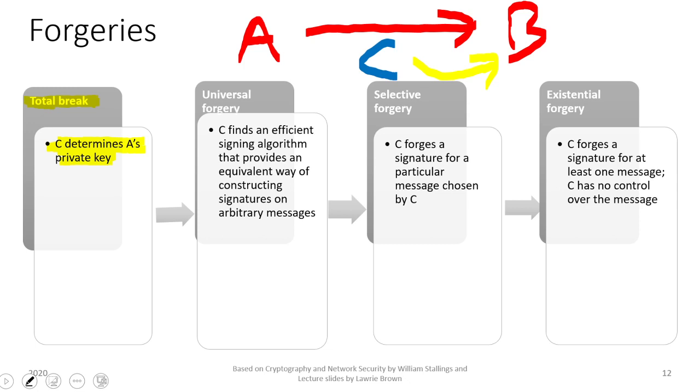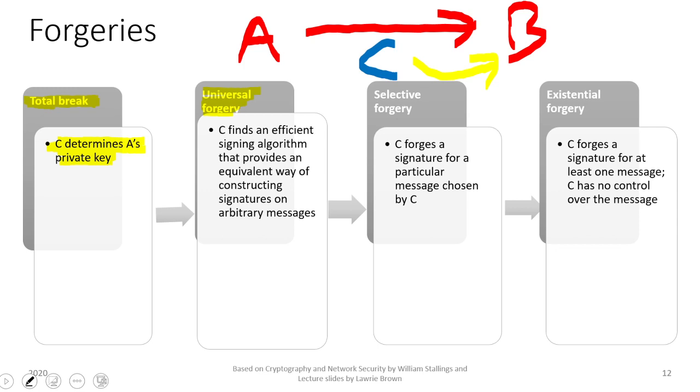Then another option is what we identify as universal forgery. In universal forgery, C would find an efficient signing algorithm that provides an equivalent way of constructing signatures on arbitrary messages.